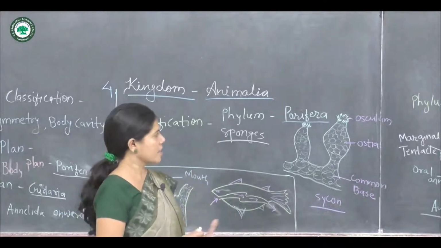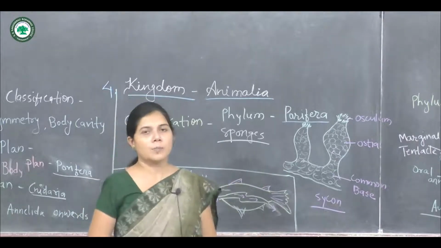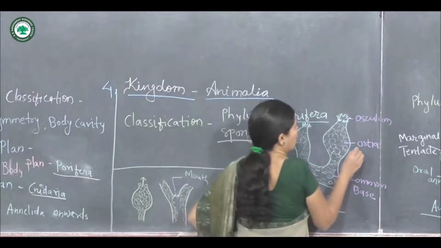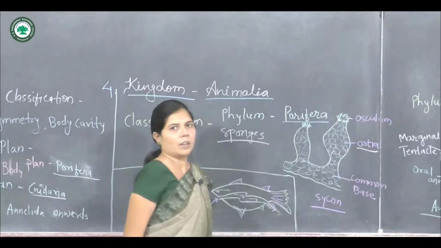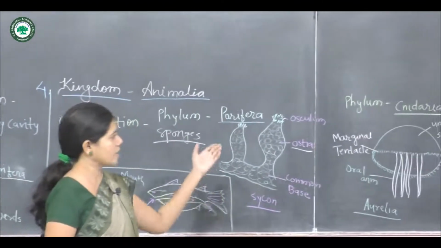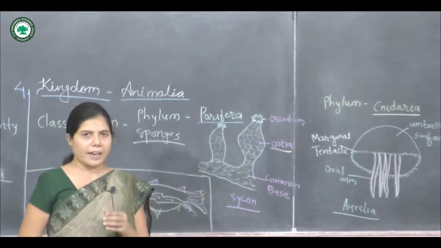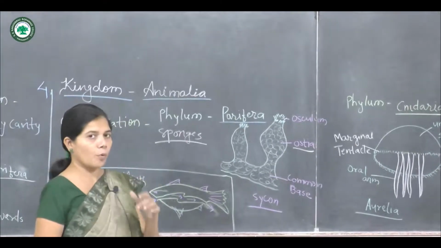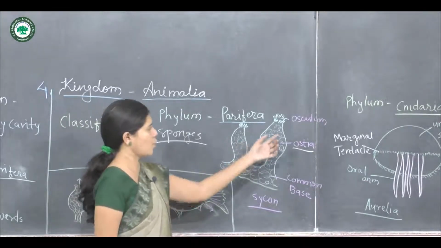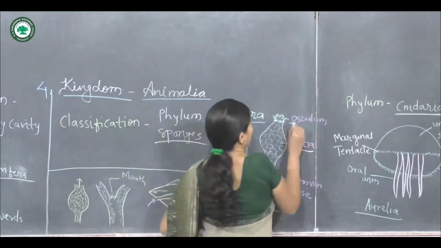The body has numerous small pores, known as the ostia. The small pores are present over the complete body, and there is also a large opening present, known as the osculum.